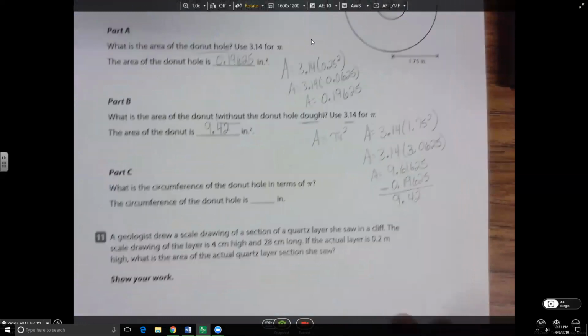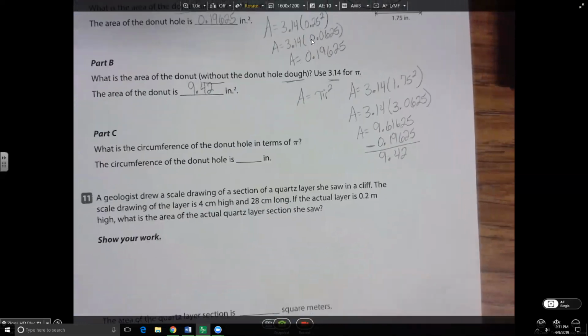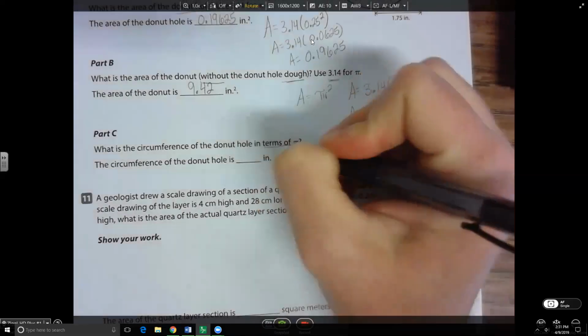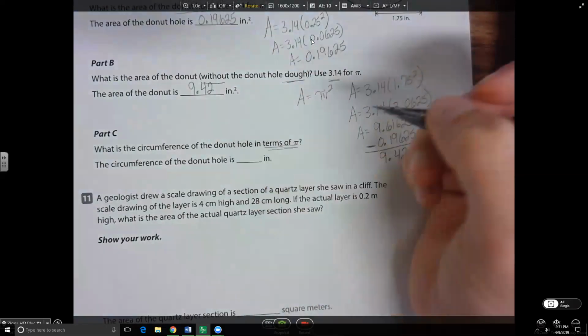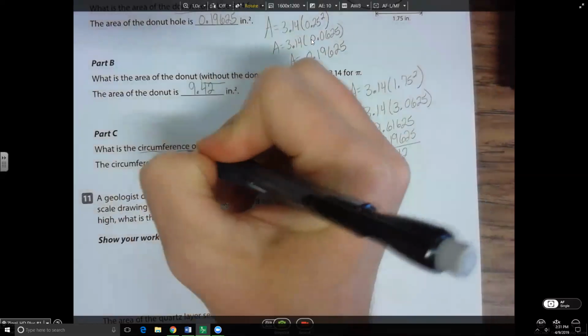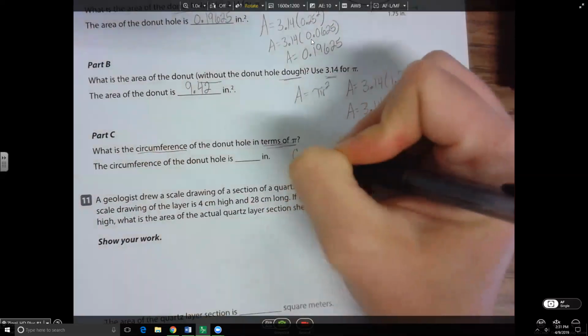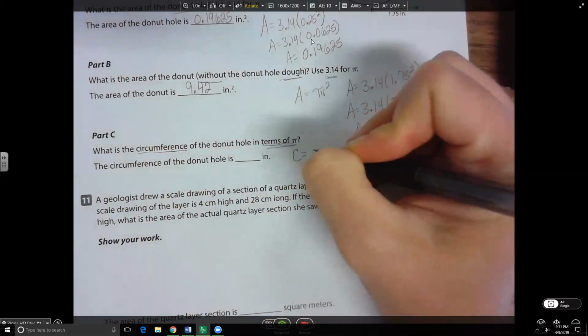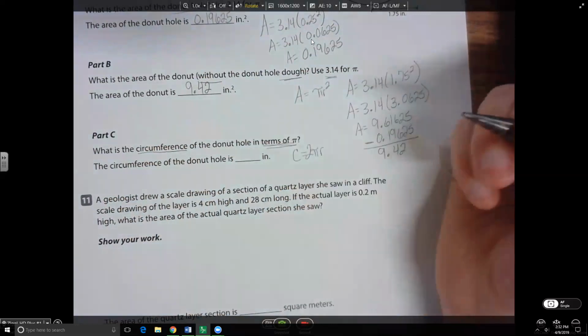And then part C says, what is the circumference of the donut hole in terms of pi? So when it says in terms of pi, that means I'm going to leave the pi symbol in my answer. Now I'm finding circumference here, so I'm going to use the circumference formula. So I can use circumference equals 2 times pi times r. R is for my radius.